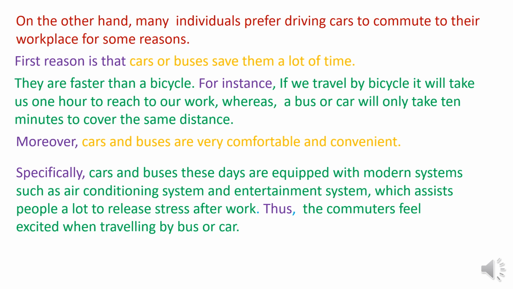So I address this reason of comfort and convenience by giving some examples that these cars and buses have different kinds of entertainment and air conditioning systems. Once done, I am done with the body paragraphs of my essay.